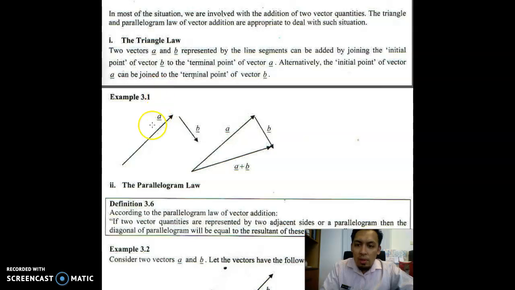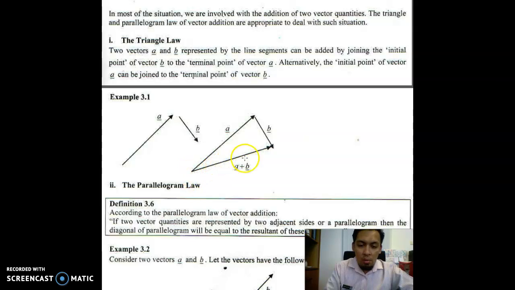So if you look at this, they have here two vectors A and B. To sum A and B, just like what we discussed before, simply connect the terminal of the first vector with the initial of the second vector, and as you can see here, after that we reconnect the initial of the first vector with the terminal of the second vector.